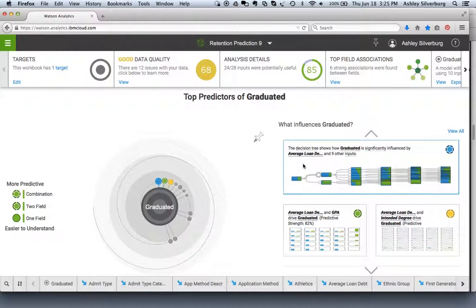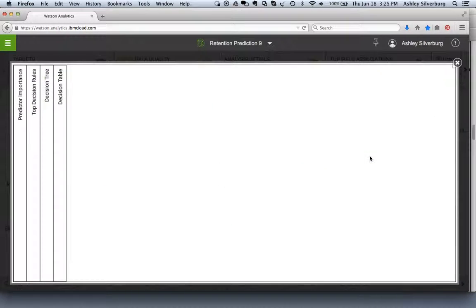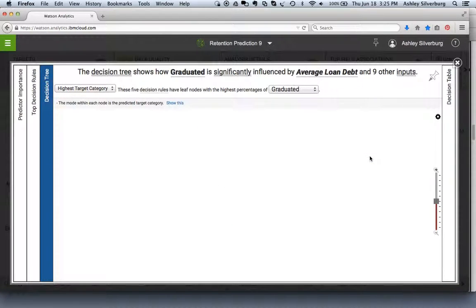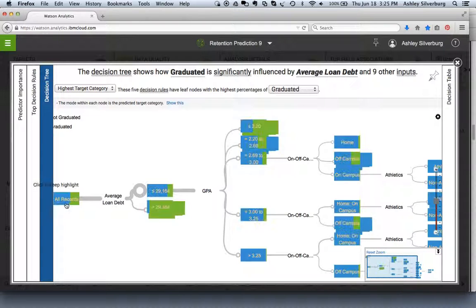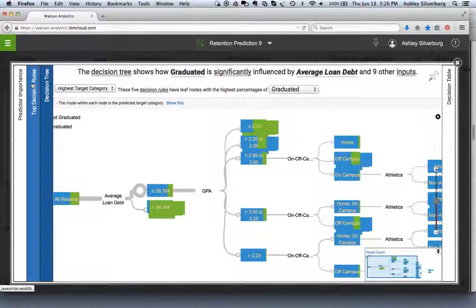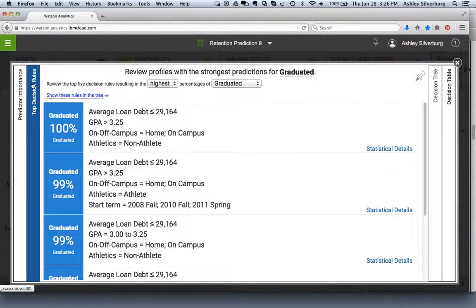So here, it's showing me a decision tree that shows me that average loan debt and 9 other inputs are influencing graduation. So let's take a look here. I can look at various branches of that tree. I actually find it easier to look at the decision rules. So here, we can see the combinations of which factors have the highest graduation rates.